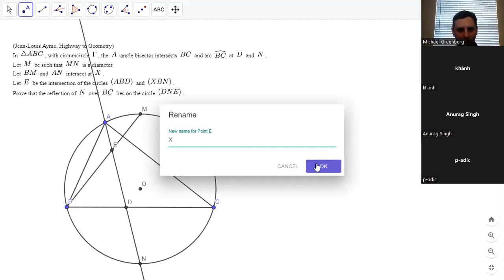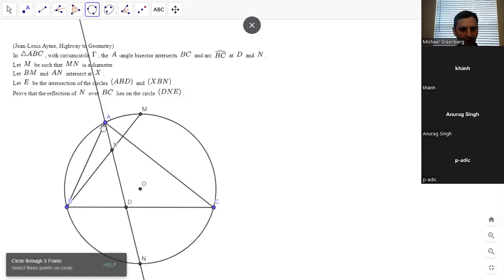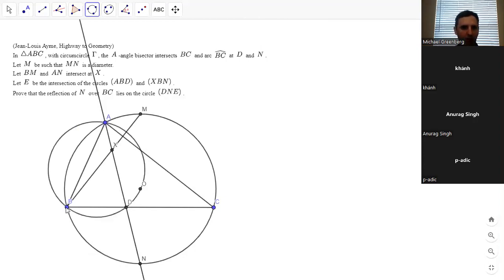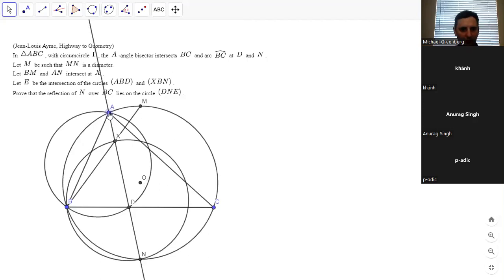And then we draw the circumcircles of ABD and XBN. So this and this. I wonder if this circle passes through O. I doubt that's true. Let me draw it more like that.